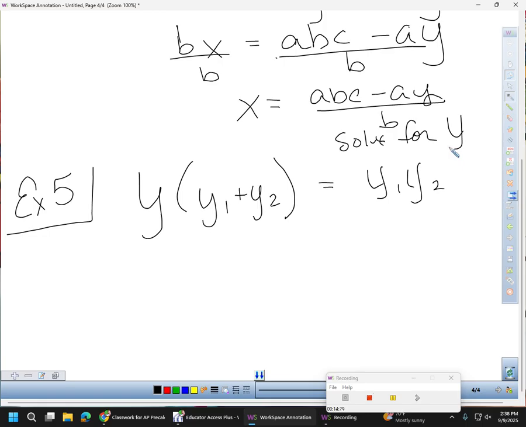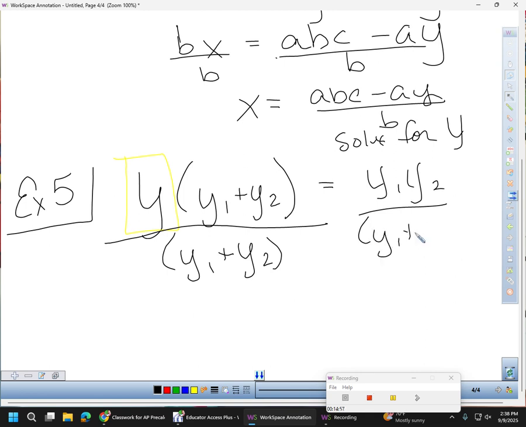Now, remember, you are trying to get this y by itself. Well, look at it. It's almost by itself. What is the only thing I have to do? Yes, I'm going to divide by y1 plus y2. Y equals y1 times y2 divided by y1 plus y2.